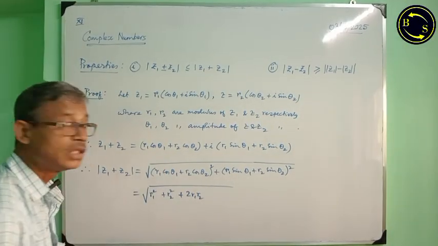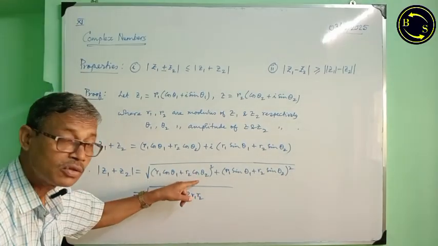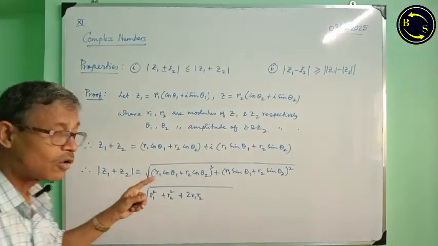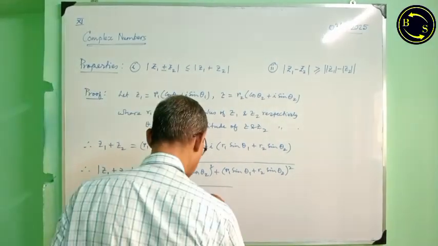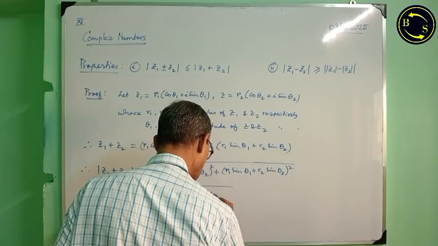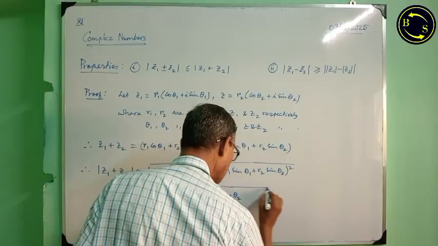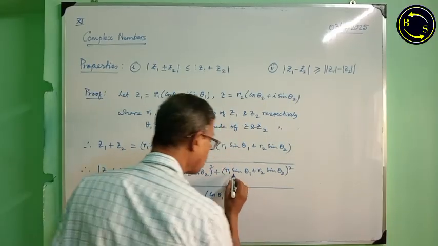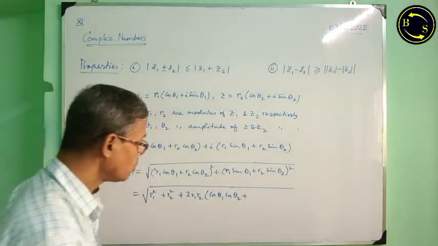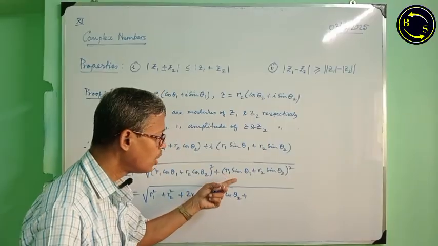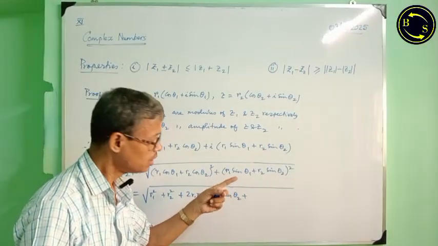From this expression we shall get cos theta 1 cos theta 2. I write that. From this one we shall get 2 r1 r2 sin theta 1 sin theta 2.